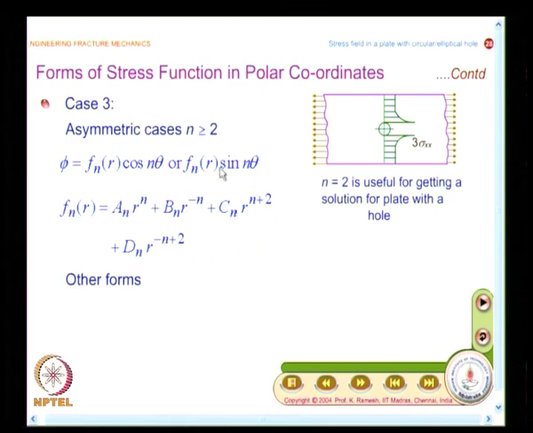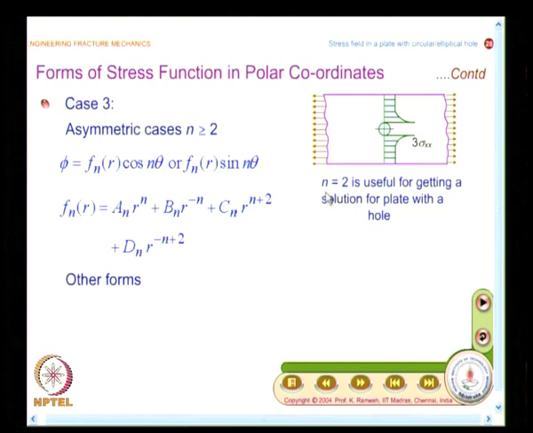This is a useful stress function to solve the problem of a plate with a small hole, infinite plate with a small hole. See, I am discussing this problem using a finite screen. So, I have to draw a finite diagram.